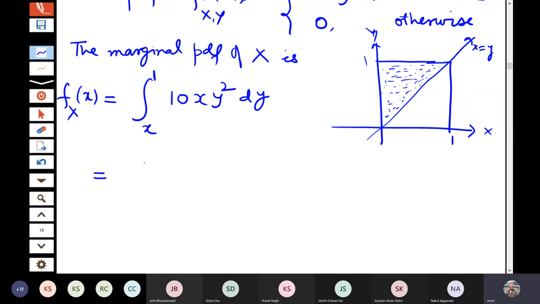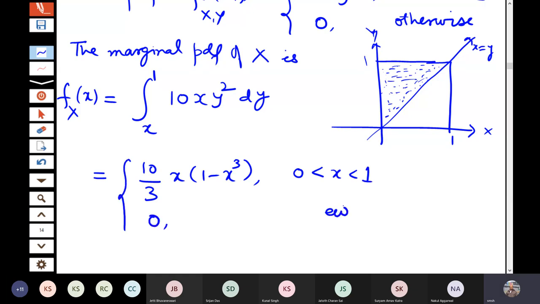So it will become 10 by 3 x into 1 minus x cube. So this is the probability density function of x alone. Is this calculation clear? Yes, sir.